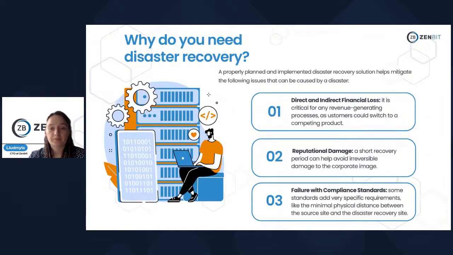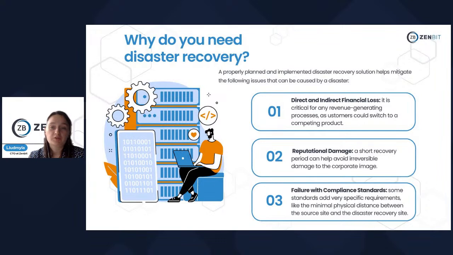So let's go a little bit into why we need disaster recovery, because based on why we need it, we can create an appropriate plan, since it can be different from one situation to another. The first one is direct and indirect financial loss.